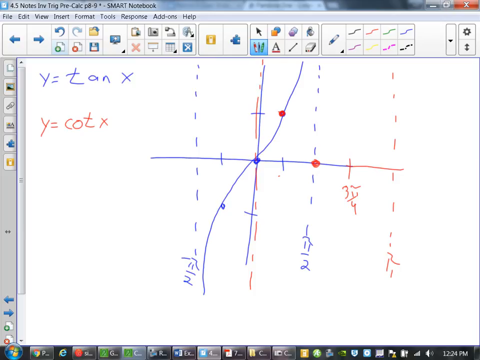At 3 pi over 4, it's at -1. But what's the inverse of -1? -1. So what happens with the cotangent graph is that the asymptotes shift to pi over 2, and it's now decreasing. Okay? You take your tangent graph, you move it to the right pi over 2, and then it just decreases its way through.